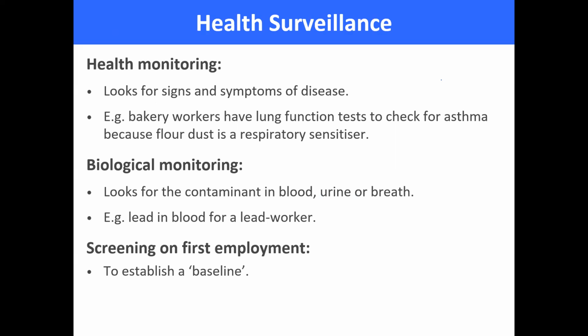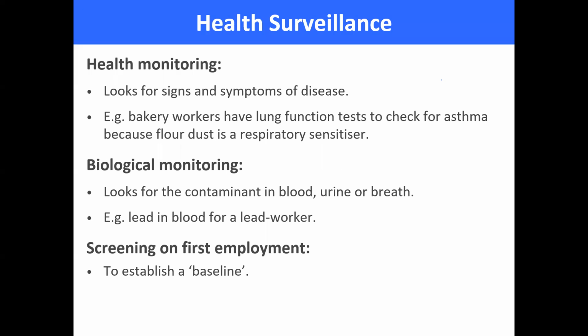Then there is health surveillance, a very, very important control measure to monitor chemical and biological agents. Basically, health monitoring looks for signs and symptoms of disease. For example, bakery workers have a lung function test to check for asthma because of the flour dust that they inhale every day.